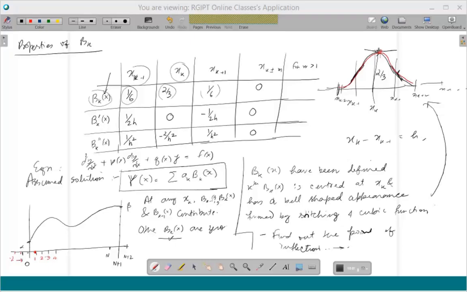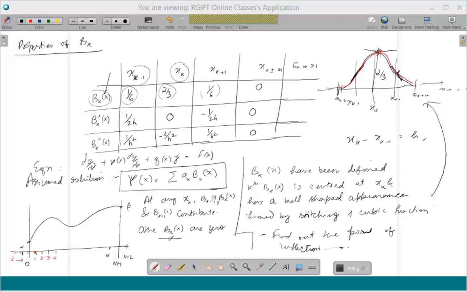I have the 0th point and the n plus 1th point. That is where my differential equation has to be satisfied, in addition to the intermediate points, of course. So the differential equation has to be satisfied at all points. Boundary conditions are additional conditions we have. But differential equations have to be satisfied at all the points, right?